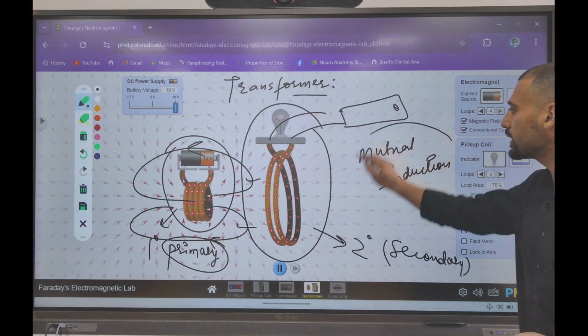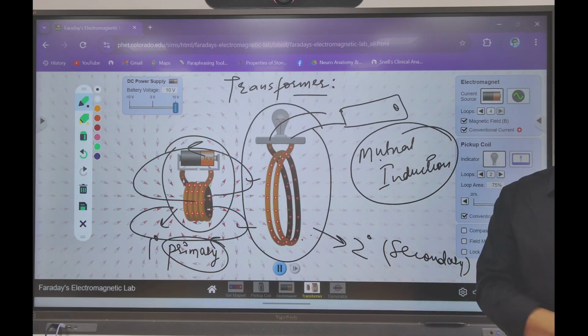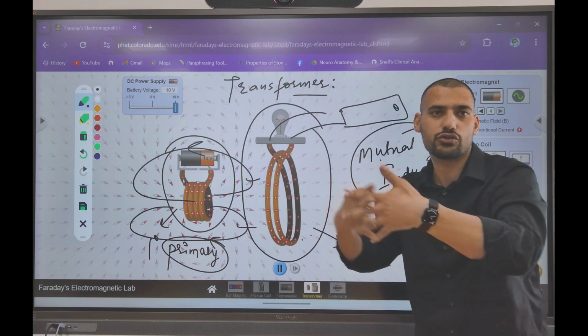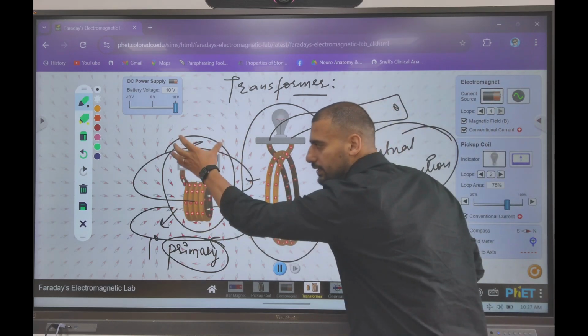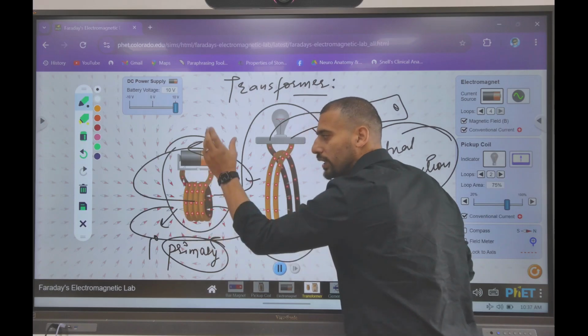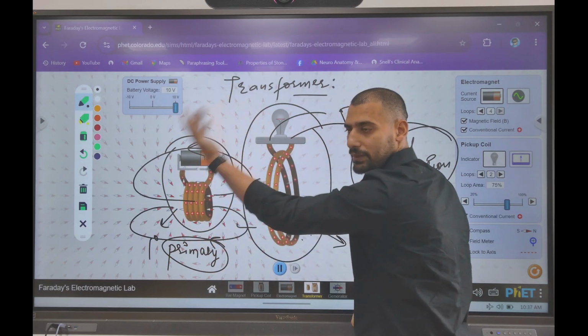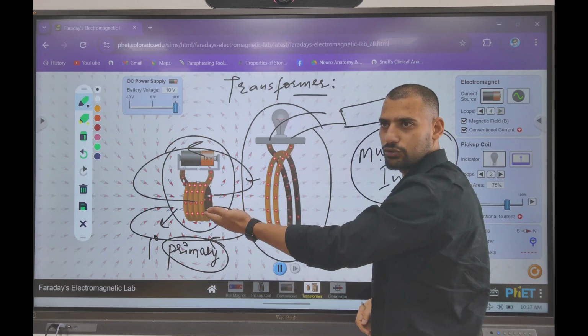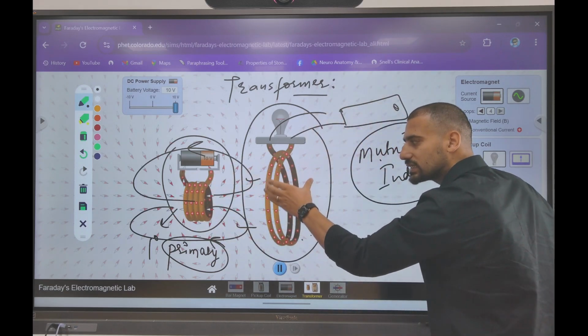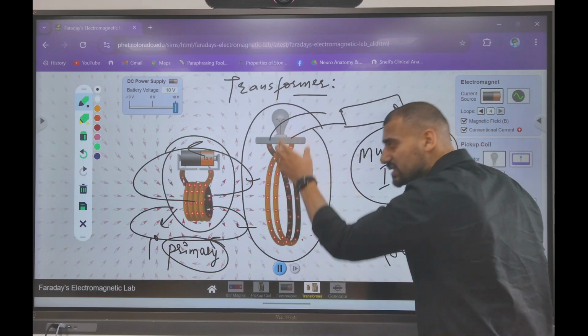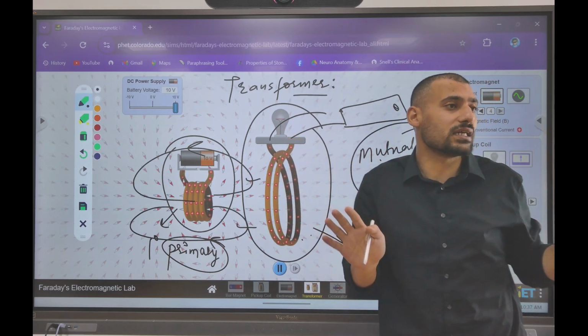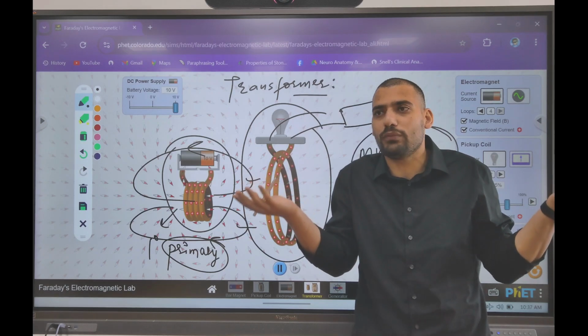Mutual. Why? Because there are two coils. The two coils are working in unison. This coil is connected to the battery, the current will flow, and it will produce its own magnetic field, as in the previous case that we understood. Now that magnetic field gets linked with the secondary coil. This coil was at rest, it has inertia, there was no magnetic field linked.